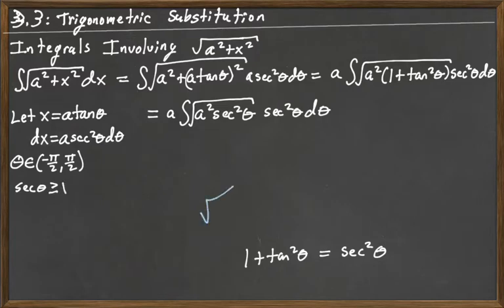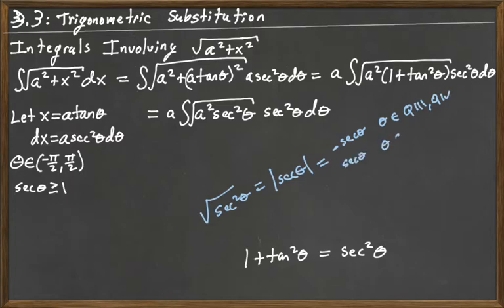So the square root of secant squared theta is going to be equal to the absolute value of secant of theta, and that's just going to be dependent on where the theta is. So if theta is in quadrants 2 or 3, then the square root of secant squared would be negative. So that would be negative secant of theta, and that would be if the theta was in quadrants 3 or 4, or it's going to be the secant of theta if theta is in quadrant 1 or quadrant.